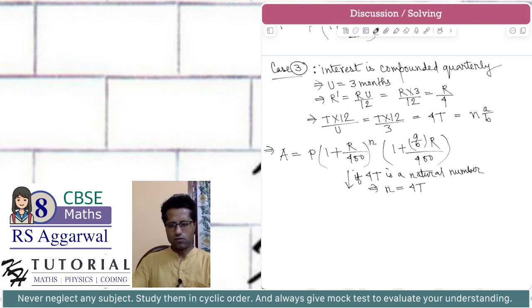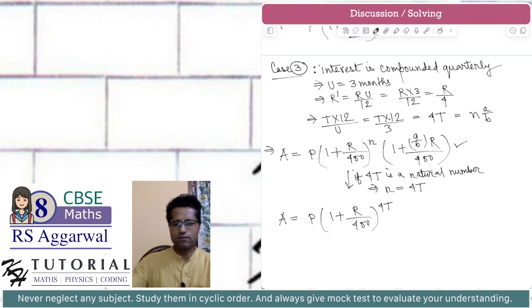So this formula can be further simplified as A equals P multiplied by (1 plus R by 400) to the power 4t, because n is equal to 4t and we won't have the third factor because a by b is 0.